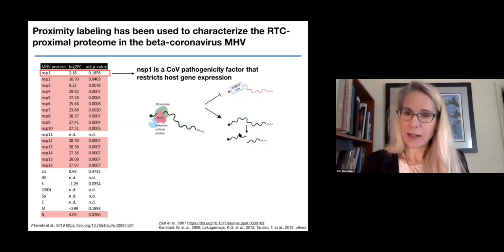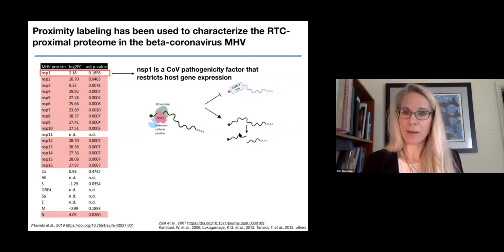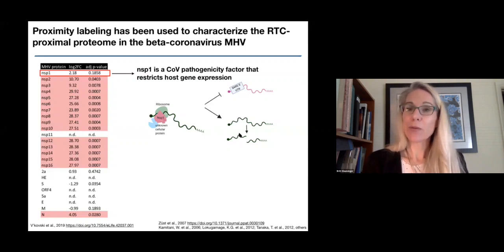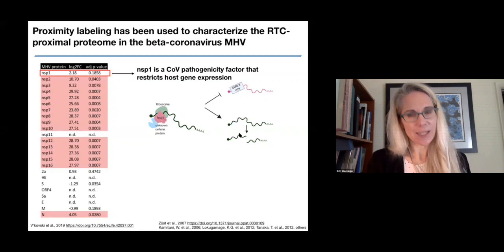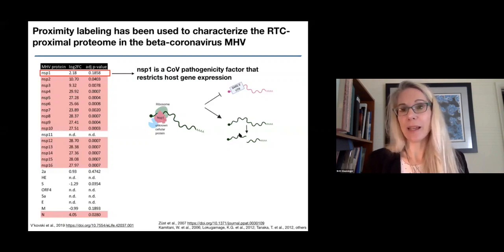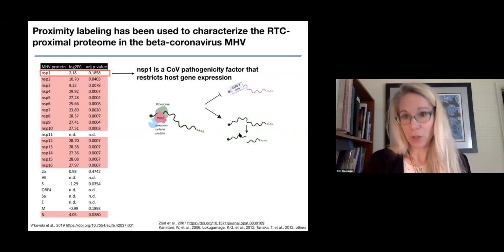The second reason is that if you think about genes that are turned on in response to a viral infection, that's going to be a lot of immune stimulatory genes, things that are in the type 1 interferon pathway. And so the role of proteins like NSP1 is to prevent those from getting made. And that serves to dampen the initial immune response to the virus and allow the virus to get a foothold and start replicating without immune-based restriction.